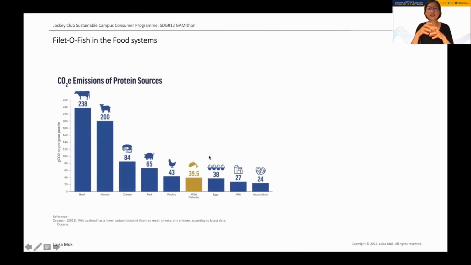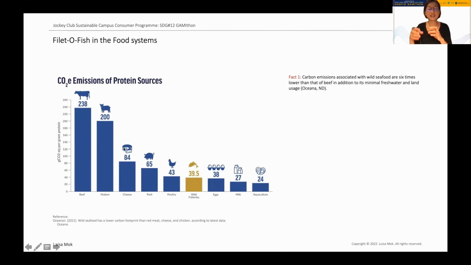So this is a diagram to show the carbon emission by growing different meat. So you can see that fish emits at least 6 times less carbon CO2 compared to beef.